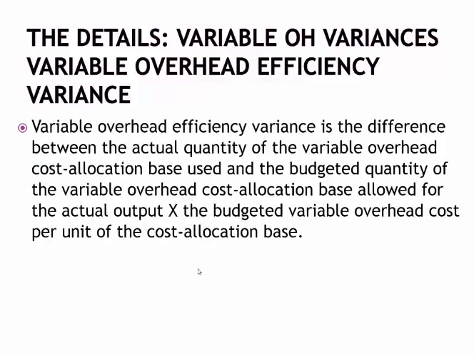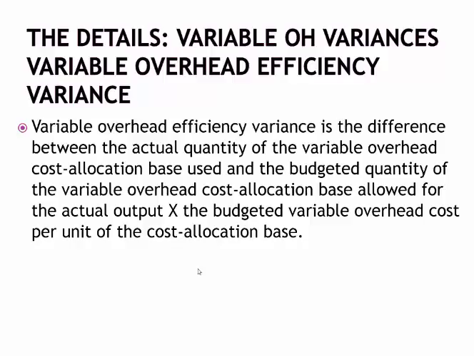It is the difference between the actual quantity of the variable overhead cost allocation base used for the number of units actually produced and the budgeted quantity of the variable overhead cost allocation base allowed for the actual outputs.